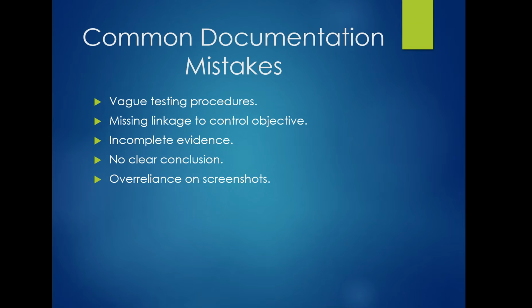Your documentation is not linking, like it doesn't match what the control objective is saying or the control description. You do not have all your evidence documented. There's missing or insufficient evidence, or you have no clear conclusion. You don't have a clear conclusion statement. All this would reduce the reliability of your work paper.